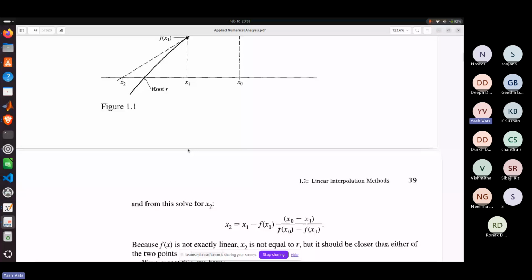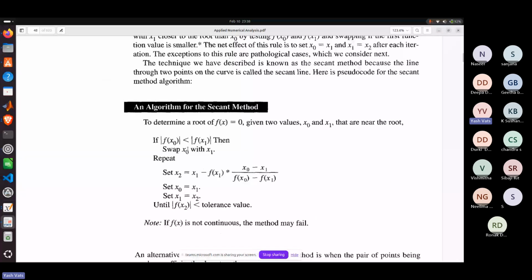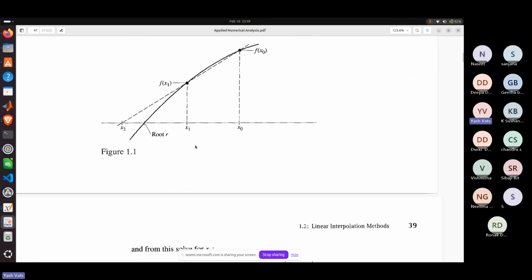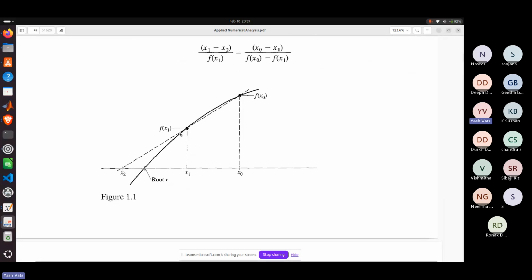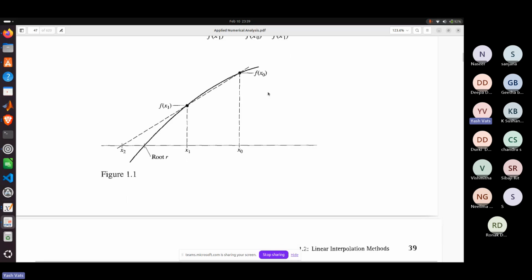You have to choose two values x naught and x1 that are close to the root, not very far. Then check whether the absolute value of f of x naught is less than that of f of x1. Here f of x naught is bigger than f of x1, and in that case, just swap the roots.